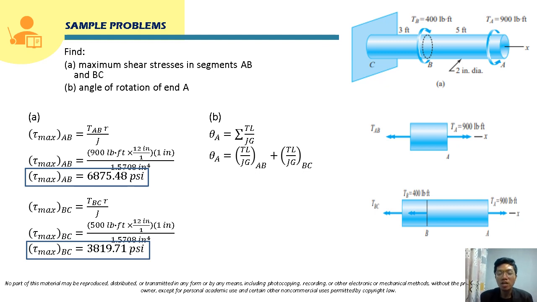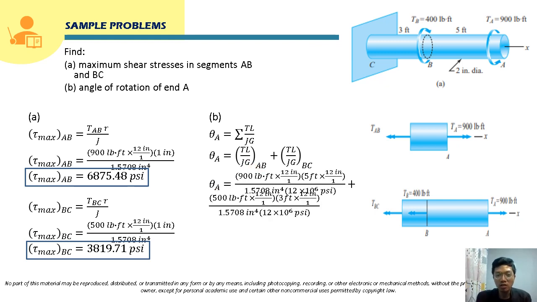From here, we will just substitute the values for the internal torque, the length, the polar moment of inertia J, and the modulus of rigidity G. For segment AB, the internal torque is 900 pound-feet, so converting that into inch we multiply by 12, times the length.